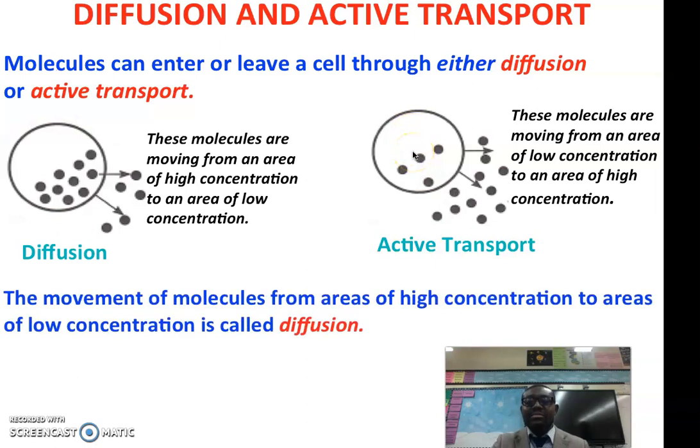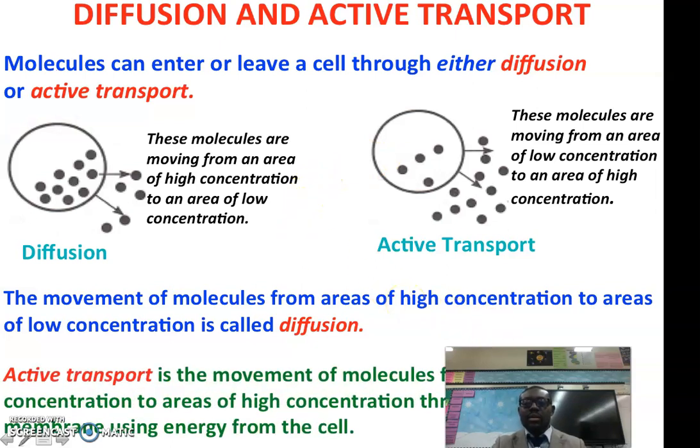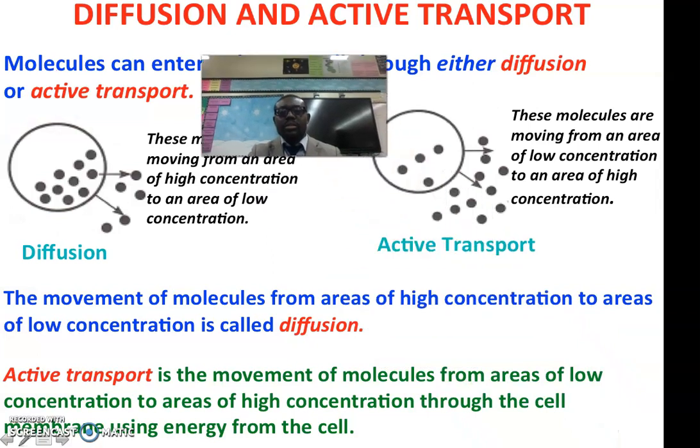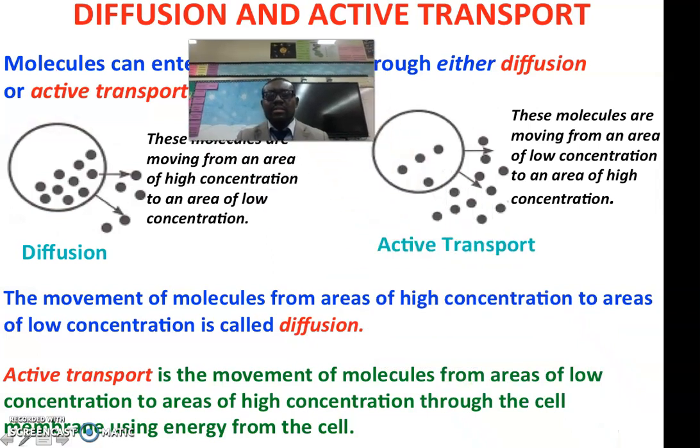And that's active transport. The movement of molecules from an area of higher concentration to an area of lower concentration is called diffusion, and active transport is the opposite. Active transport is the movement of molecules from an area of low concentration to an area of higher concentration through the cell membrane using energy. So the difference is, in active transport, the cell uses energy.